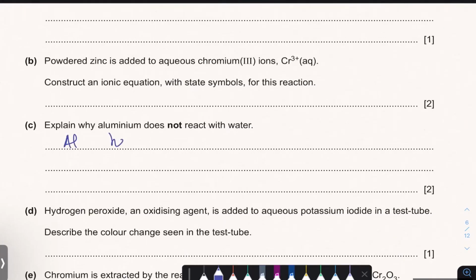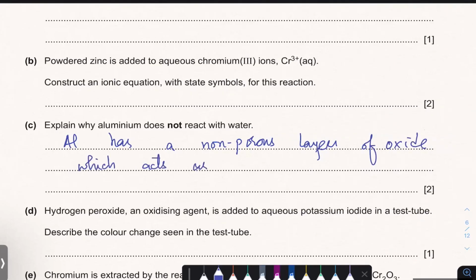Aluminum has a non-porous layer of oxide which acts as a barrier. Non-porous means something doesn't pass through it. Barrier method is very useful when we don't want things to react.